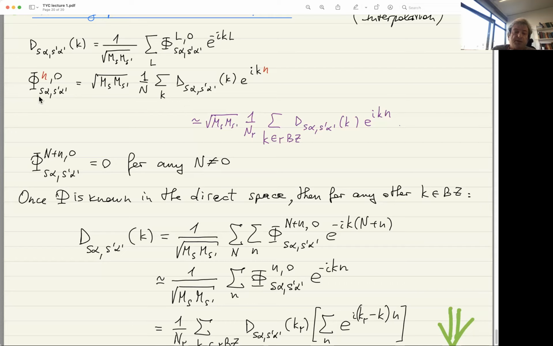Of course, this would give you access to the force constant matrix only for a limited number of these translations here. Of course, the Φ matrix depends on the difference. So you will have n equals 0, a zero vector, and a few small vectors which are internal translations. You won't be able to get more vectors here unless you go to larger and larger cells.